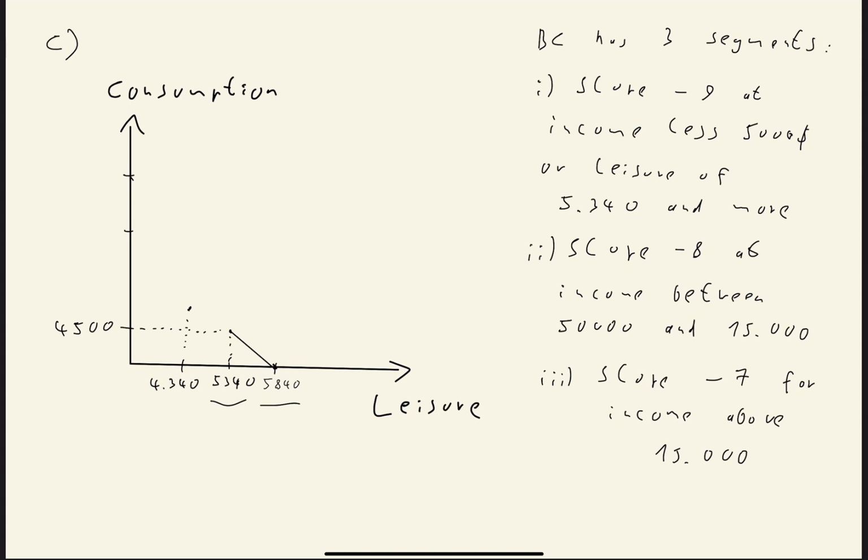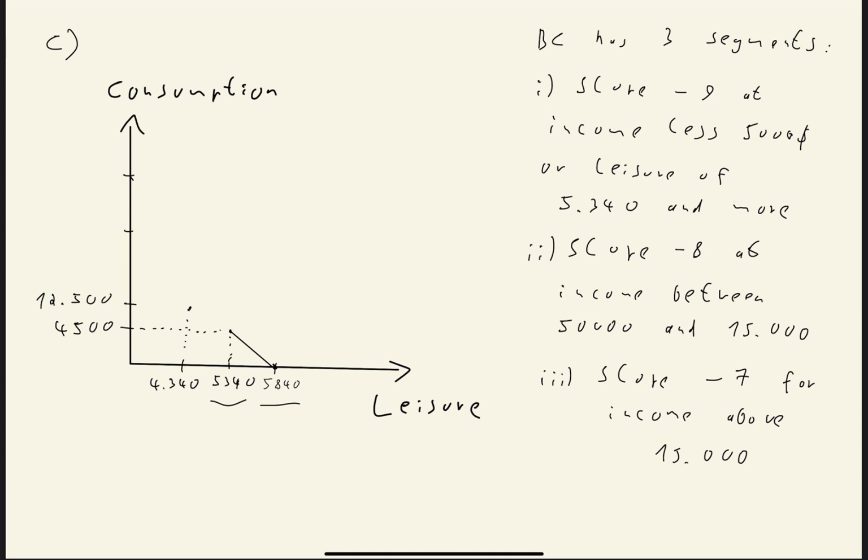So if we work for 1,500 hours, for the first 500 hours we are in one bracket, and for the next 1,000 hours that we work, we are in the second bracket where we pay 20% of taxes. If you add up the income that you can get, you get $12,500, and this is the maximum amount that you can consume when you work 1,500 hours.